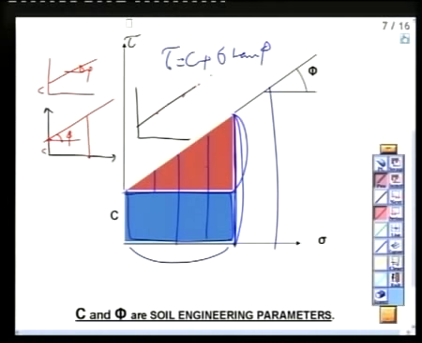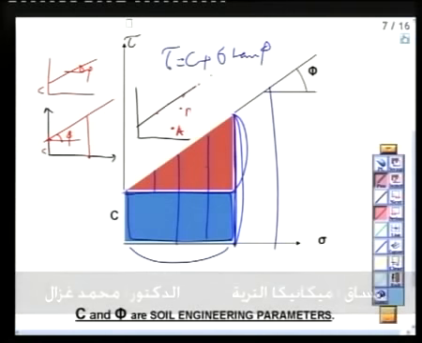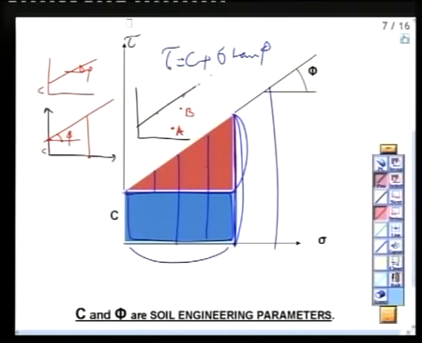Now I found through what we studied until now that the stress in the soil, stress due to soil weight and stress due to surcharge, will be 2 kilogram per centimeter square. So am I safe or not? Of course safe. So at point A I am safe, right? What about point B? Which is safer?